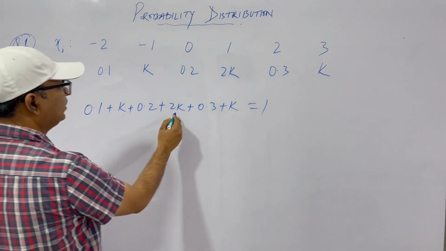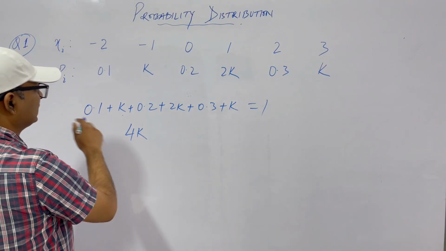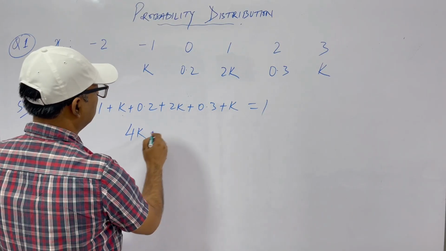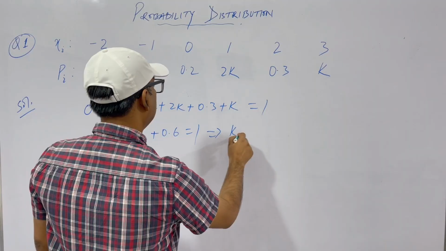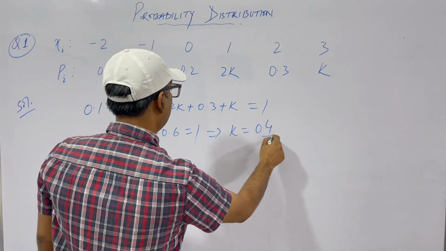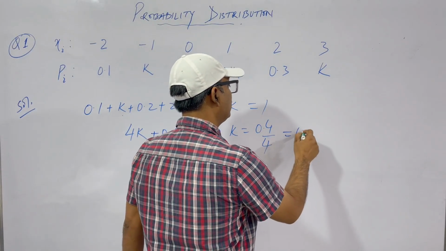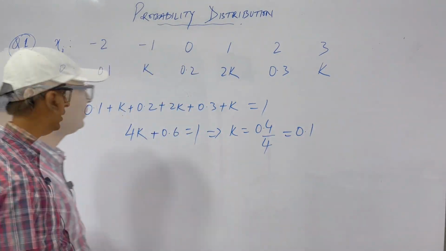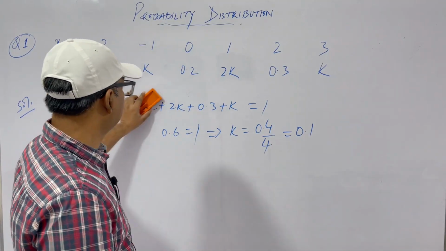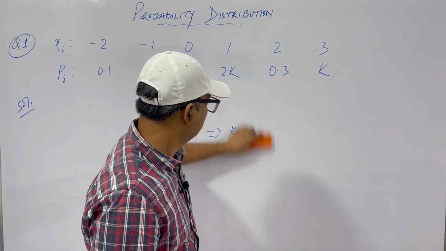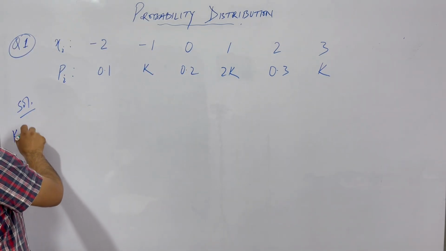So this is k, 2k, 3k, 4k. So 4k plus 0.6 is equal to 1. This means k is equal to 0.4 by 4. 1 minus 0.6 is 0.4. So this is 0.1. So our k is equal to 0.1. This is the first value.